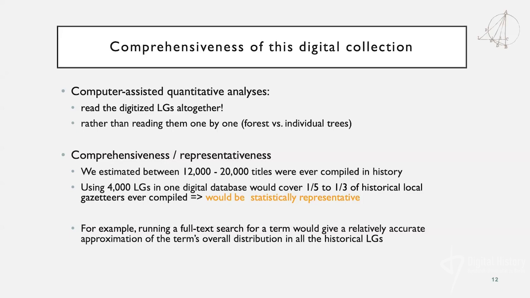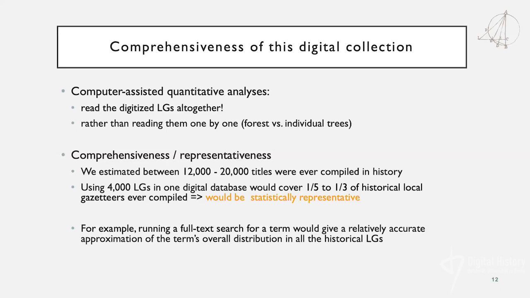From the bibliographic records compiled by historians, we estimate there were probably between 12,000 and 20,000 titles of local gazetteers ever compiled in Chinese history. If we take the collection of 4,000 gazetteers from Erudition 中国方志库, it covers roughly one-fifth to one-third of historical gazetteers.